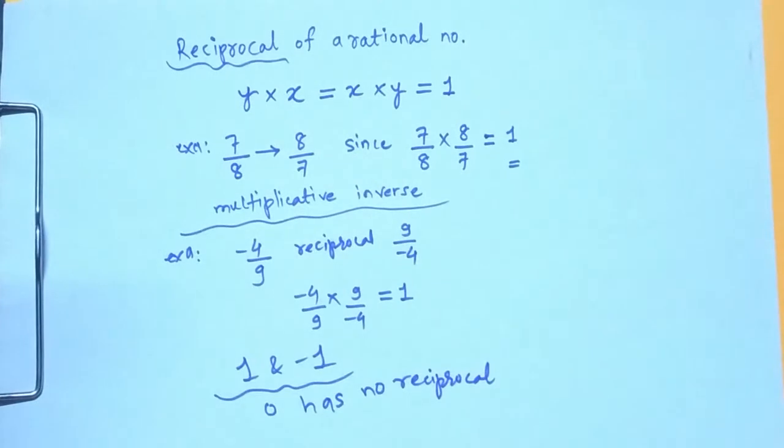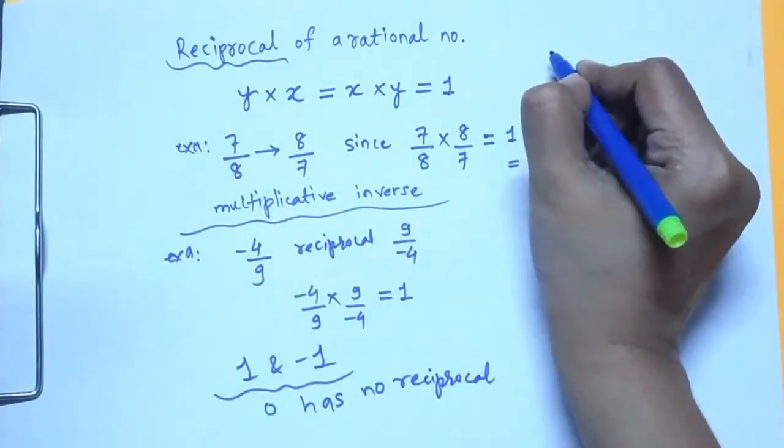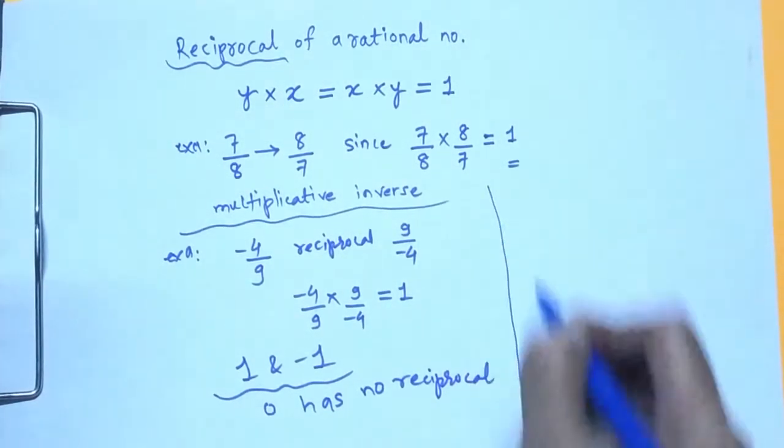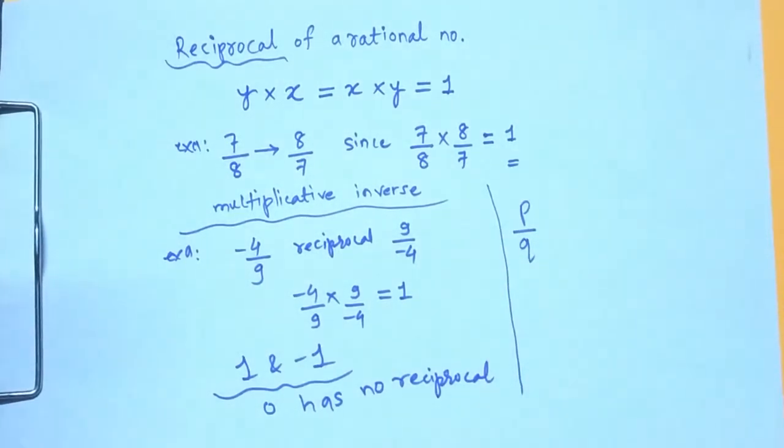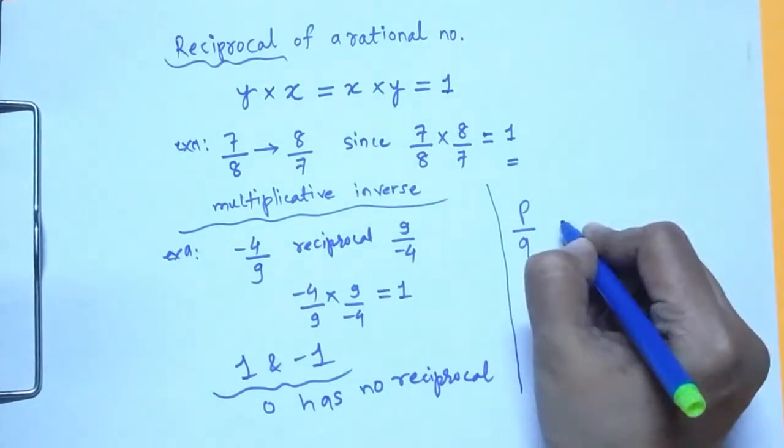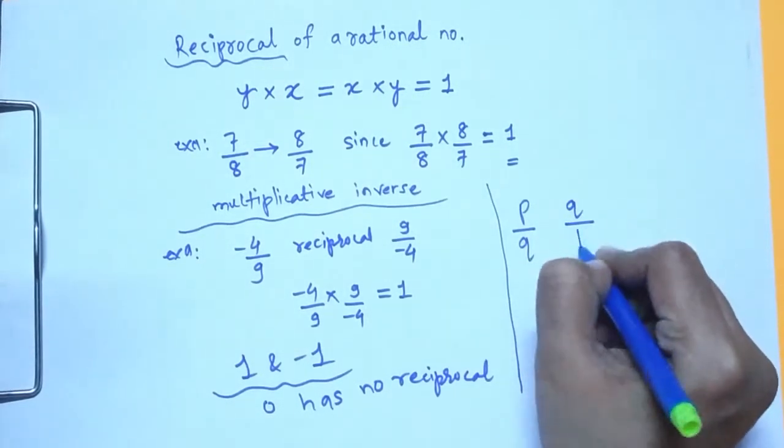And friends, in general, if p by q is any rational number, its reciprocal is going to be q by p.